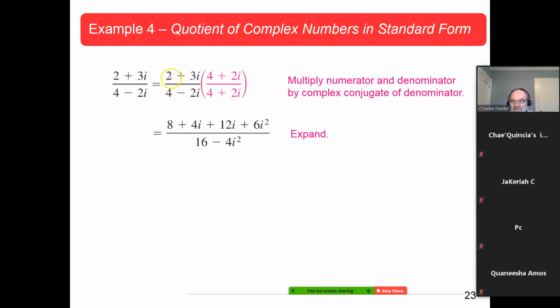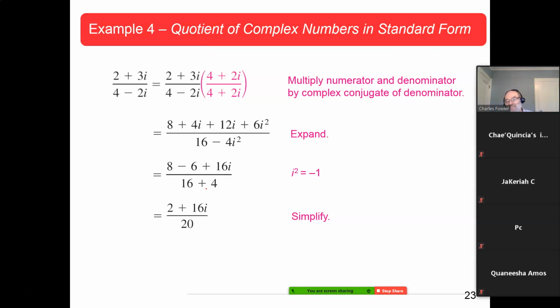They FOILed the top part, 8 plus 4i minus 12i plus 6i squared over 16 minus 4i squared. Why they took the time to write all that, I don't know, but you could. That would be 8 minus 6 plus 16i over 16 plus 4, which is indeed what we got. And that would be 2 plus 16i over 20.